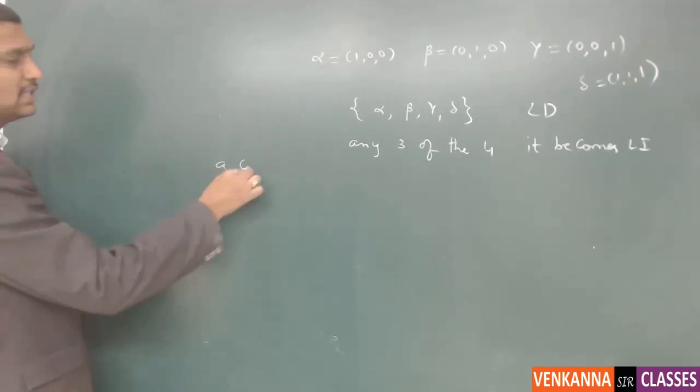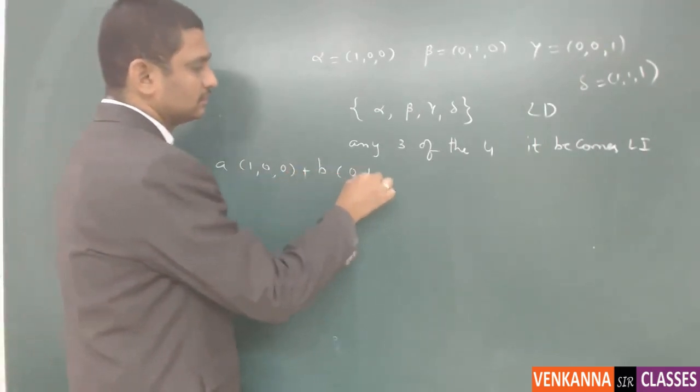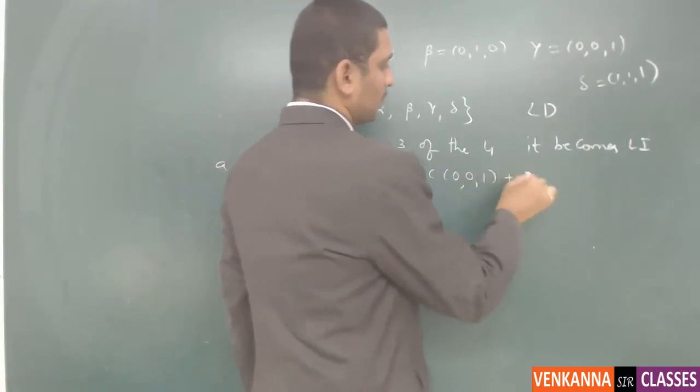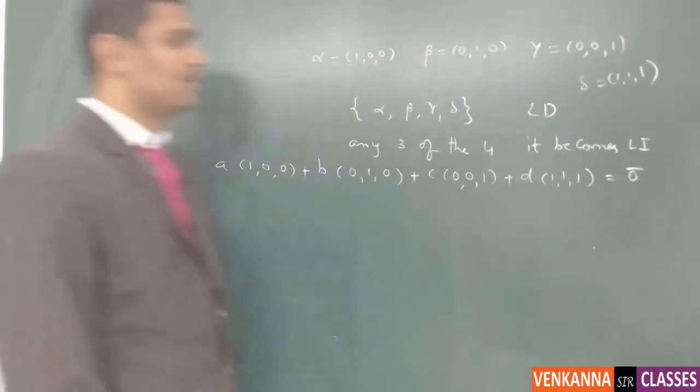So take the scalars A, B, C, D such that the result is the 0 vector.